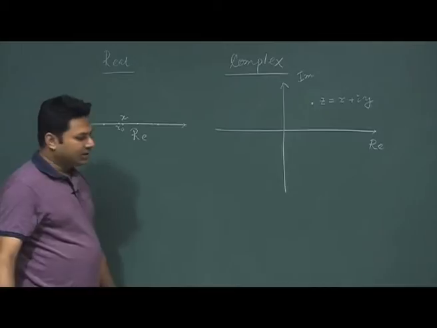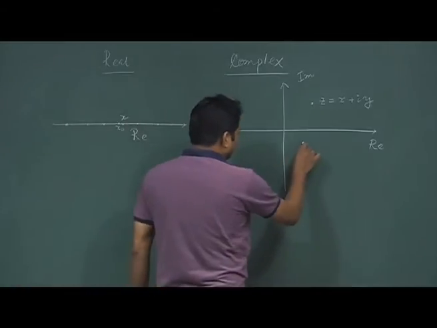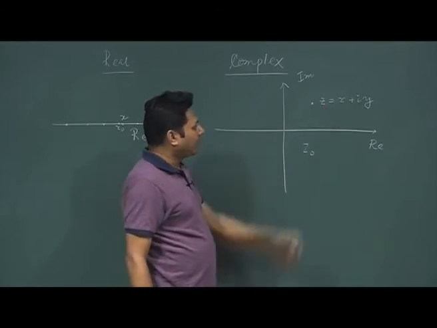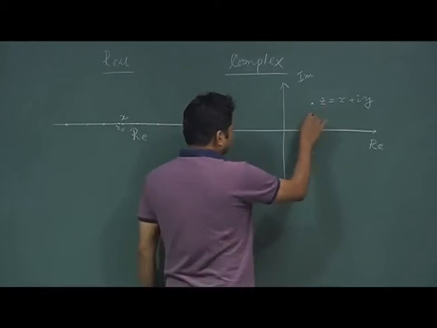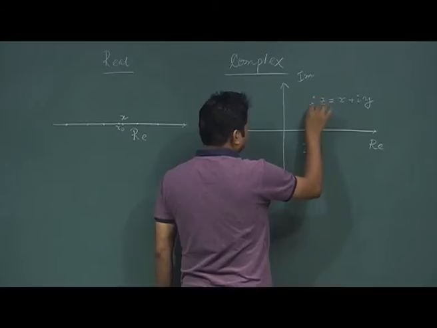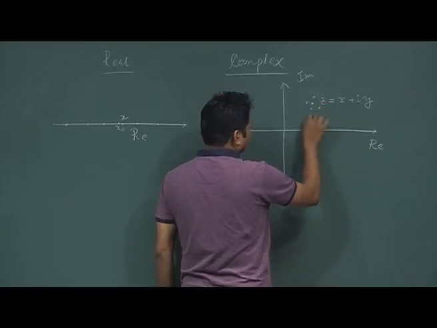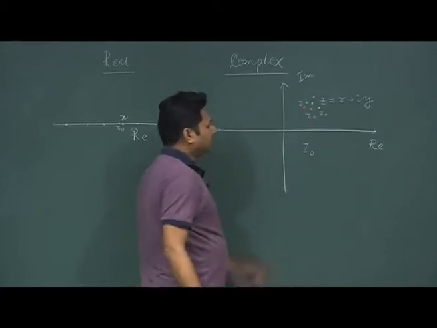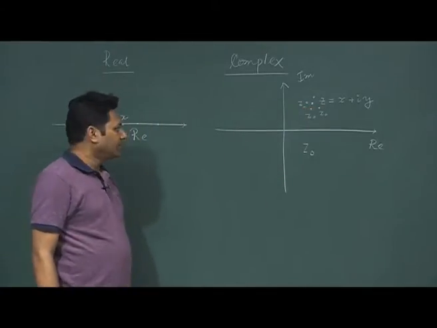If I say, for example, that my z0 is very close to z, then what should I say? Because z is here, and z0 may be here, or here, all the points z0 may be closer to these things, right?